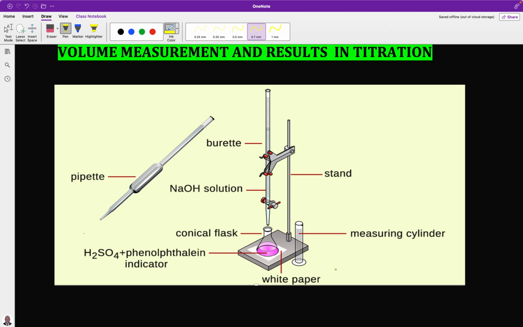You will also need a measuring cylinder for fast measurement of volume of liquids. You will need a burette stand. You will also need a burette to put in the sodium hydroxide. You will need a pipette to measure the accurate volume of the acid.